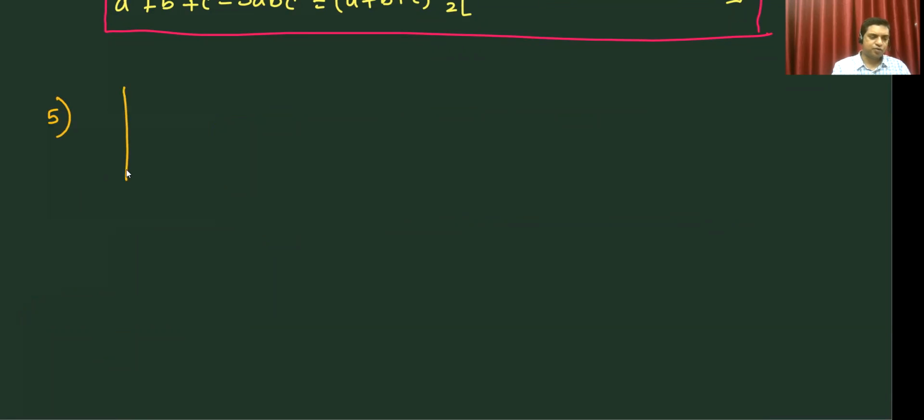Find the determinant of 1 square, 2 square, 3 square; 2 square, 3 square, 4 square; 3 square, 4 square, 5 square.